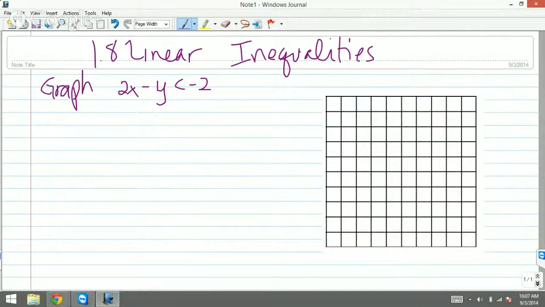All right, so somebody named Gabby can give me the slope of that linear equation, inequality, what? Okay, so be careful. Okay, somebody named Trevor, y-intercept.